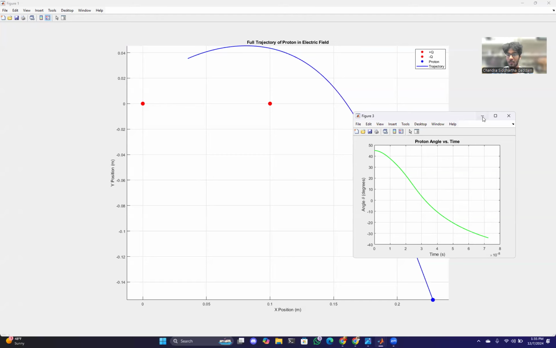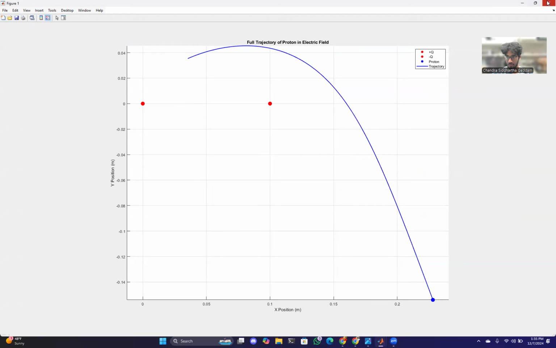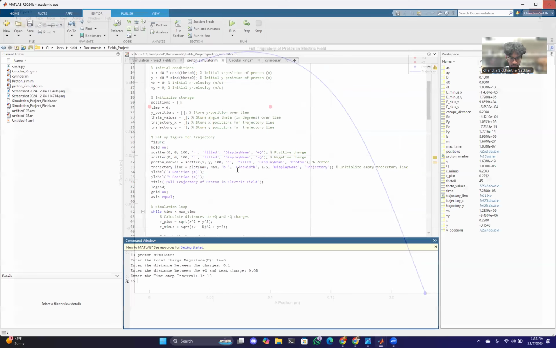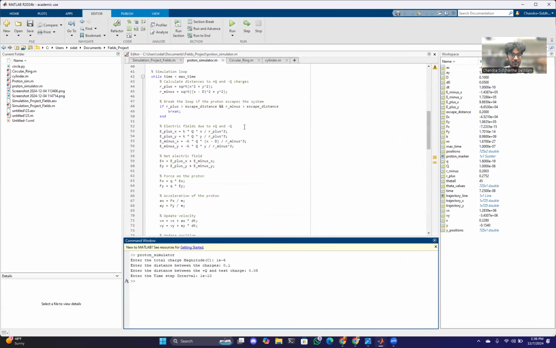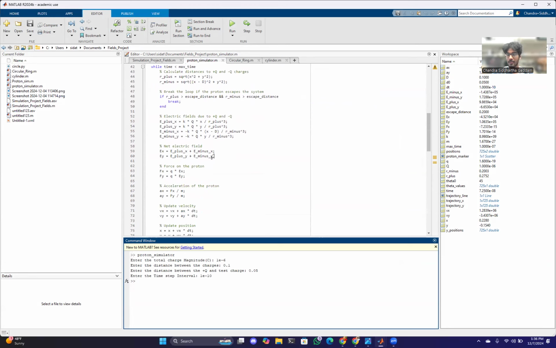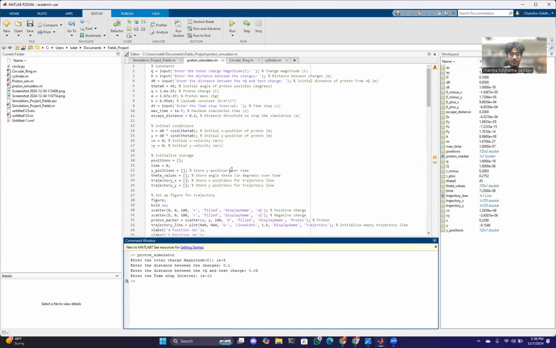And we can actually test different aspects of it. What I've done here is put all the equations here, and now let us see if we put a negative charge for the test charge. So let us run this again.